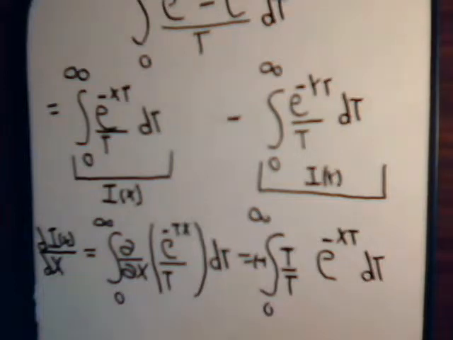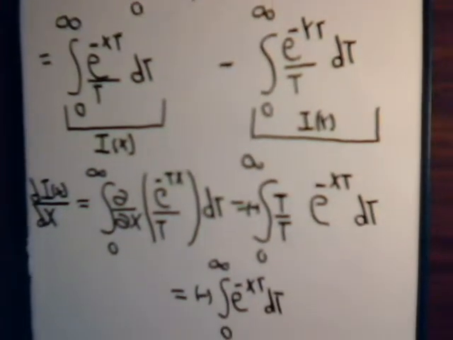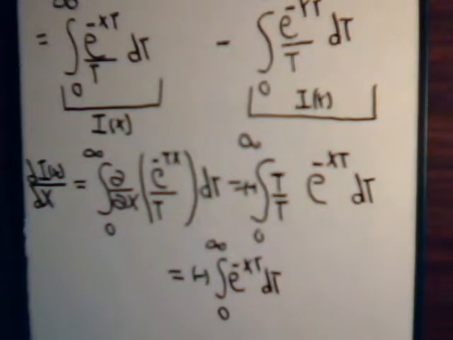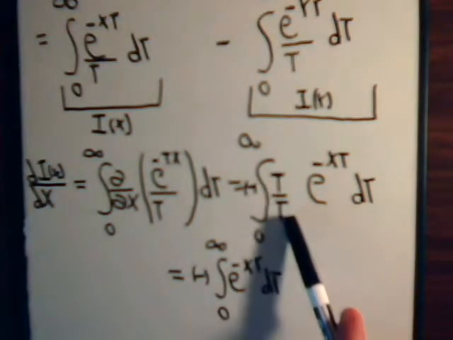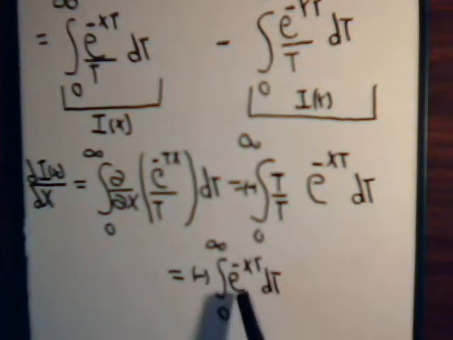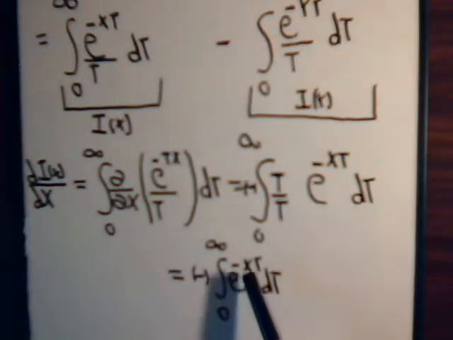So this will equal, of course the t's cancel, so we have minus the integral from 0 to infinity of e to the minus xt dt. Now when we integrate, we just treat x as if it's a constant.